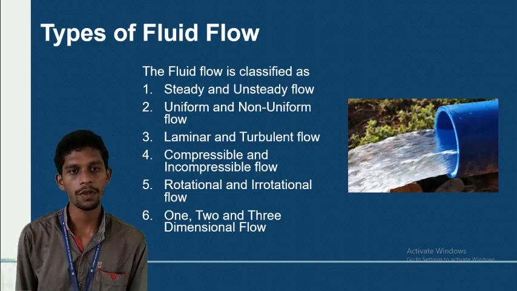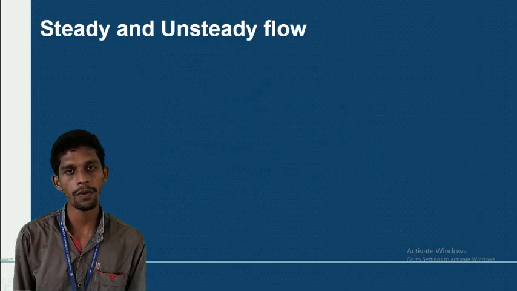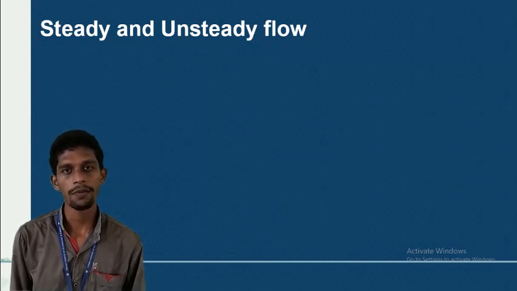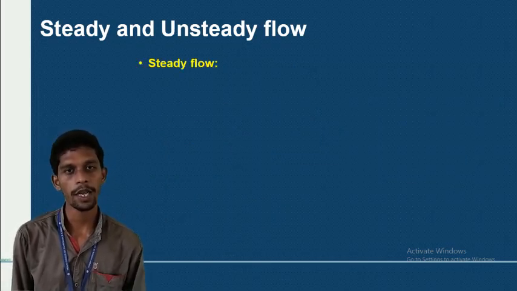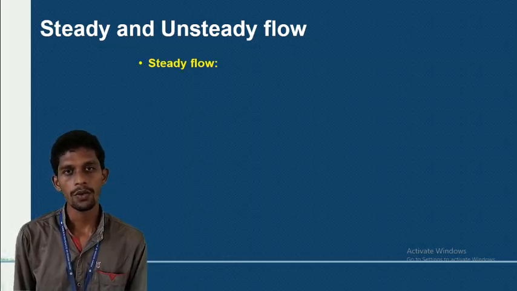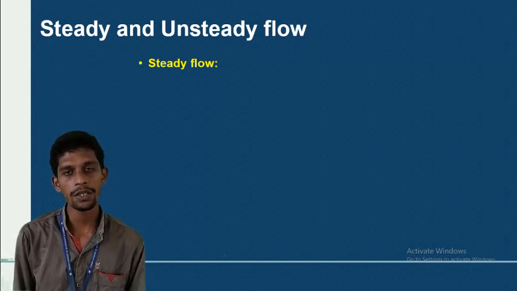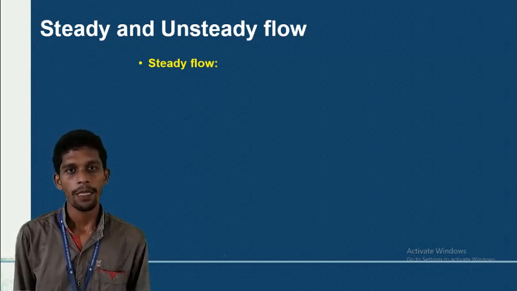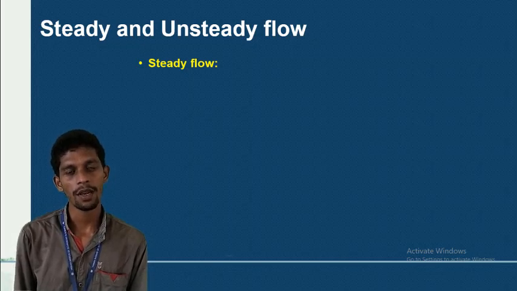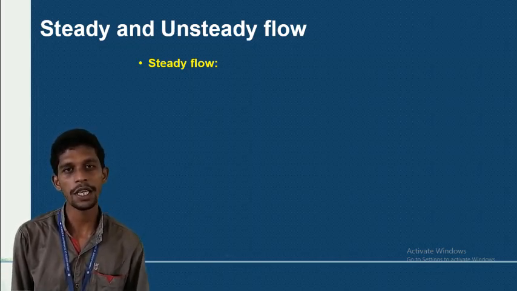So the first one is steady and unsteady flow. What is a steady flow actually? Take a pipeline. The steady flow is defined as a flow in which the properties like pressure, density and velocity do not change with time.